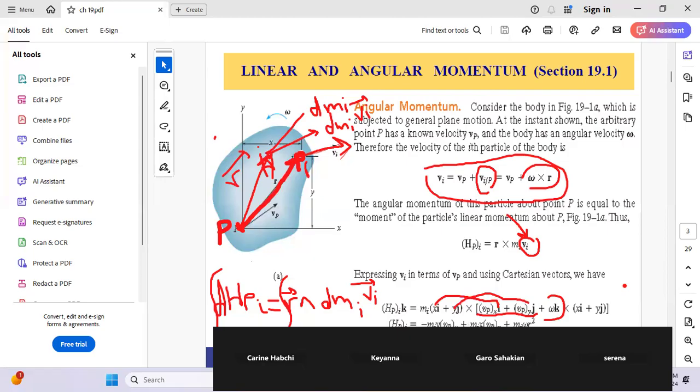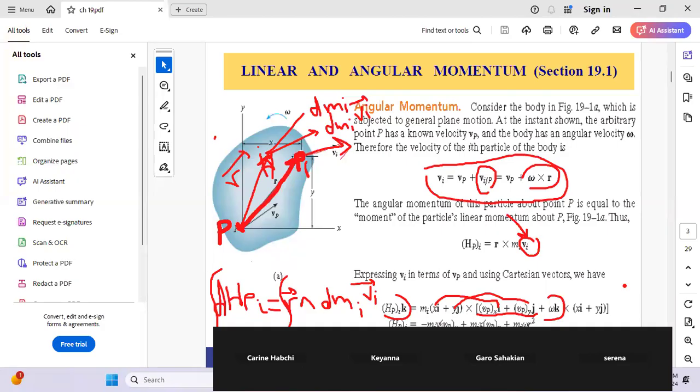And we know that the angular momentum is along k. Hp will only be along k, and you can verify this because when you do the cross product, you will have only k terms. So we can find that Hp of any particle i can be written as minus the mass of this particle times y Vpx plus mass times x Vpy plus mi omega r squared.